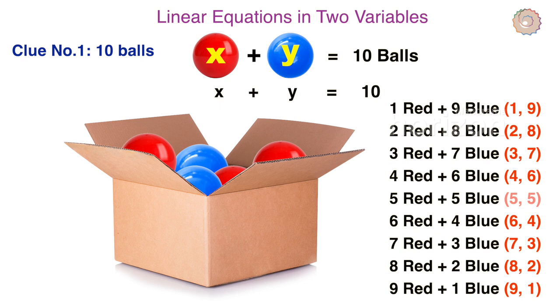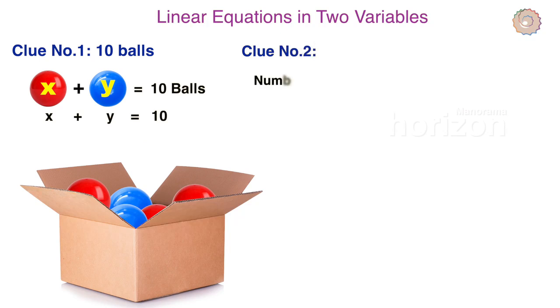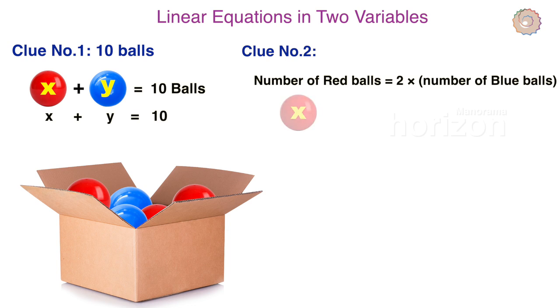What if we get one more clue? That is, if the number of red balls is double the number of blue balls, then mathematically we can write x equals 2y. So now we have two linear equations in two variables. Let's write them in the standard form.